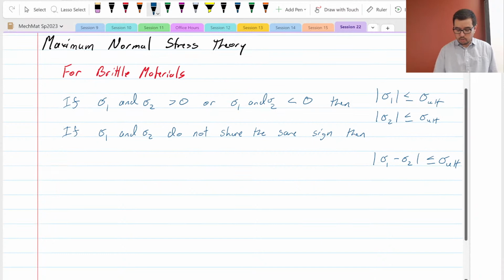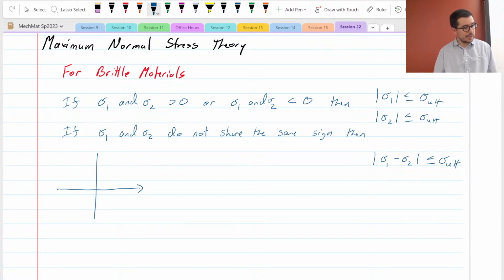On a Mohr circle, for the first case, you have sigma 1 and sigma 2 on the same side of the tau axis. If they're right here and here, this could be sigma 1, this could be sigma 2. You go ahead and draw your Mohr circle like that.